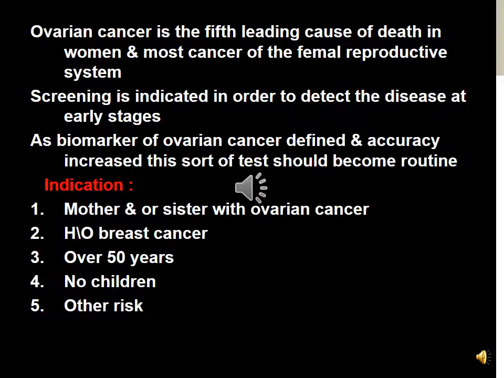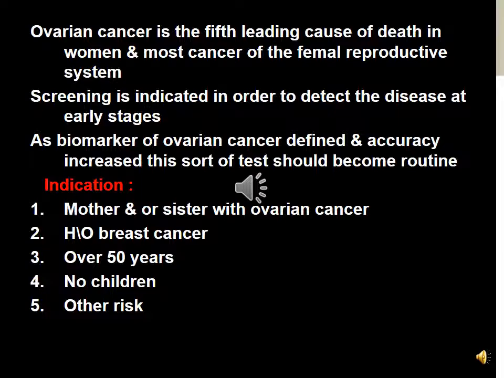We screen for ovarian cancer because it is the 5th leading cause of death in women, and it is the most common cancer of the female reproductive system. Also, we screen in order to detect the disease at the earliest stage so that we can offer the patient treatment and improve the prognosis.